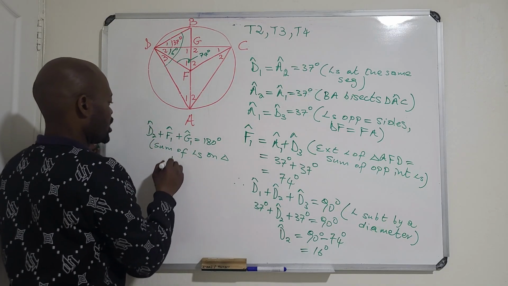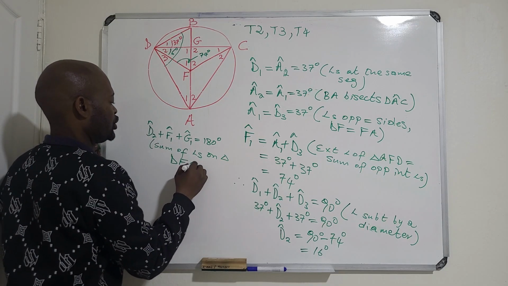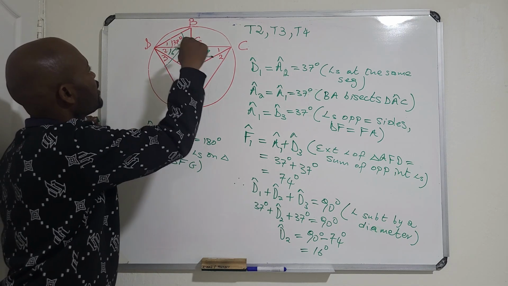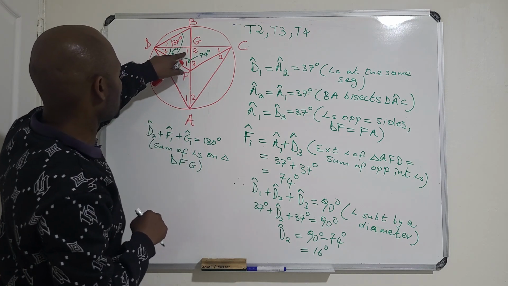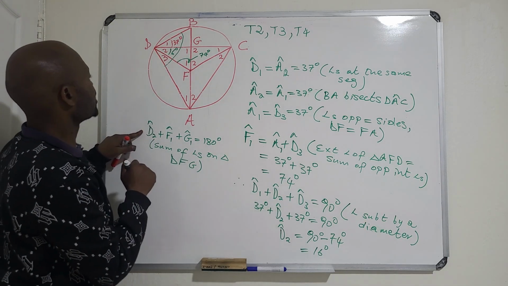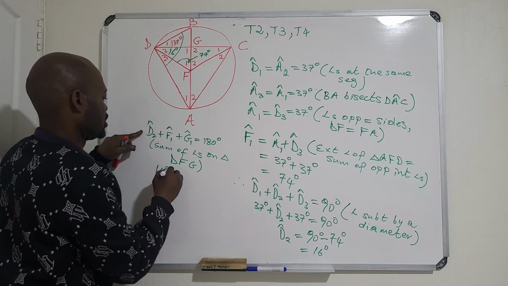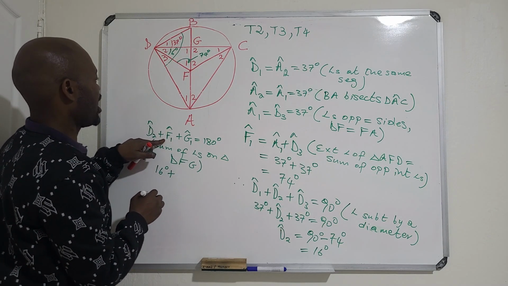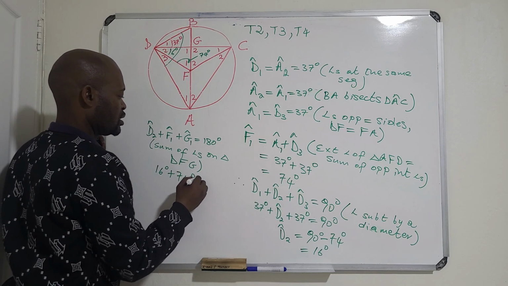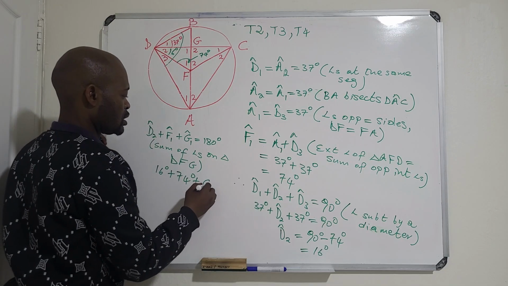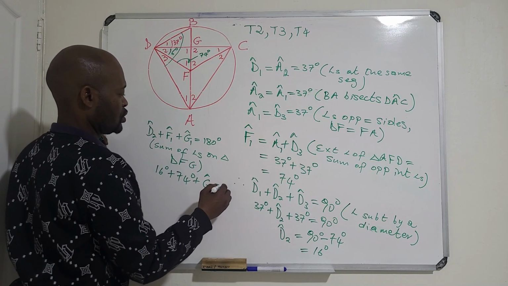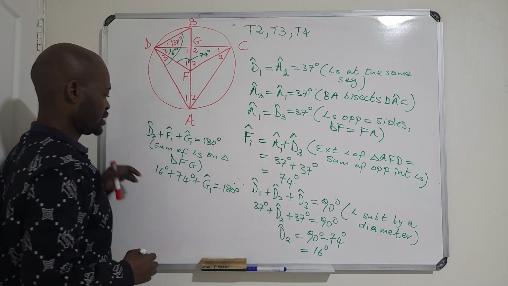Sum of angles on triangle DFG. Now, we can find our angle that we are looking for, which is G1, obviously. Now, we do have D2, which is 16 degrees, plus we do have F1, which is 74 degrees, plus we want angle G1, which is equals to 180 degrees.